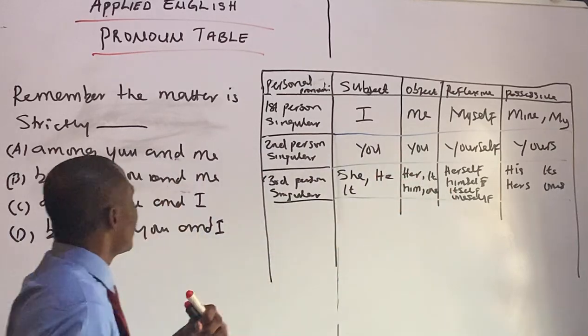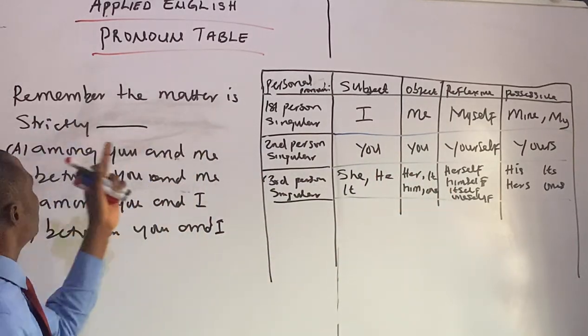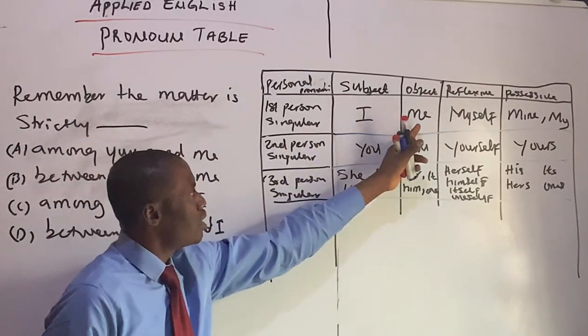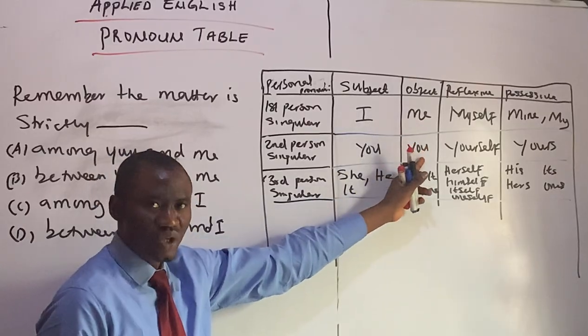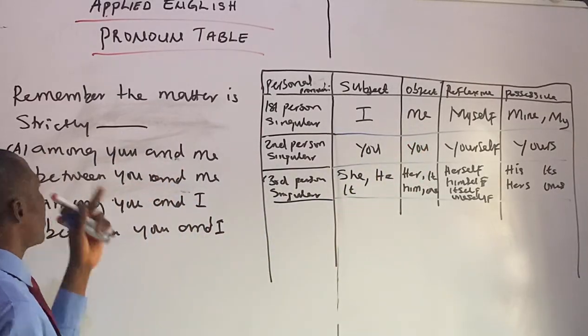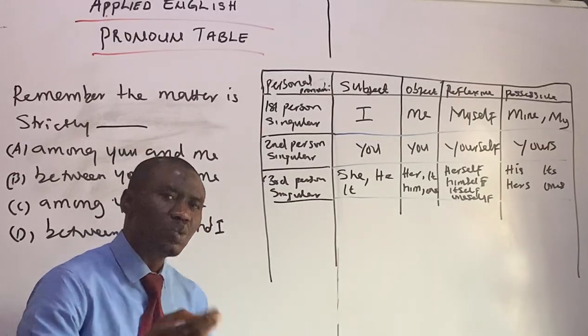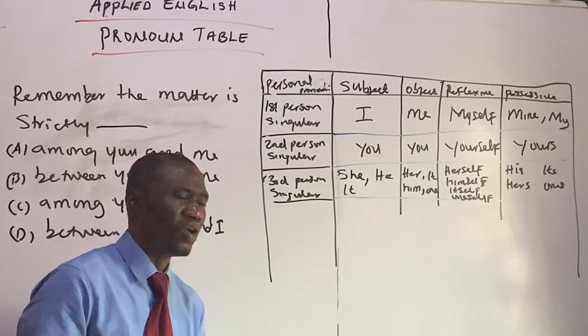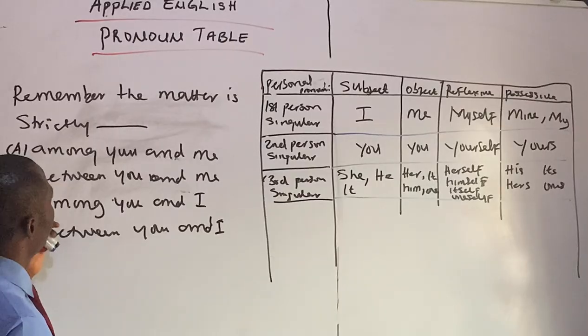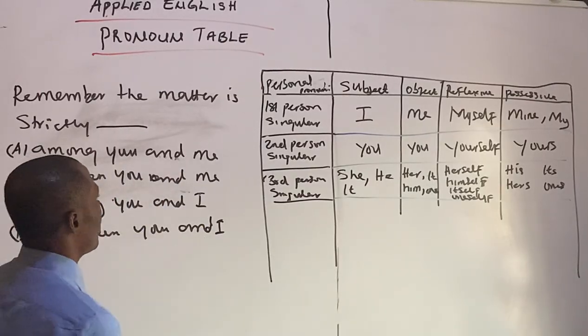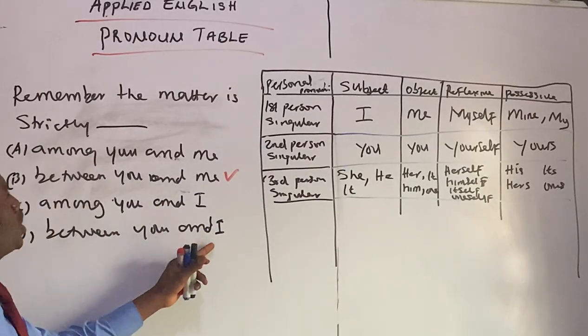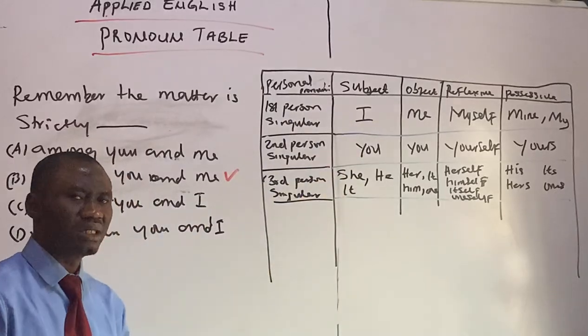Among is used when we have more than two persons in that situation. Between is used when we have just two persons involved. So between you and me is the correct answer, not you and I. You and I is at the subject level.